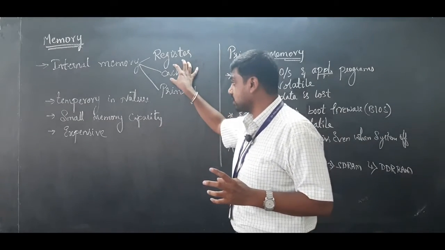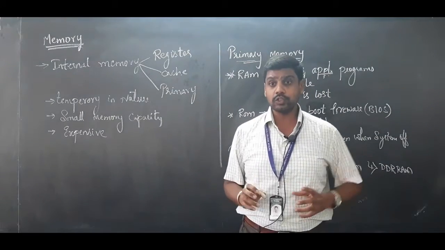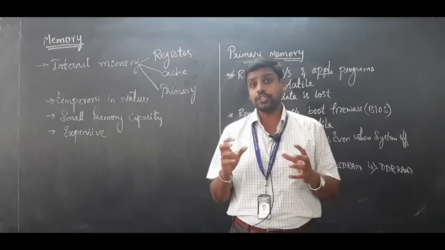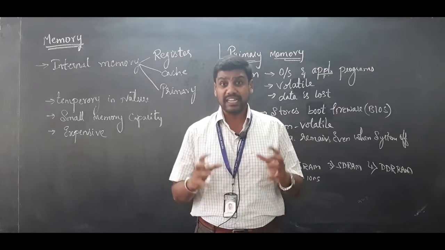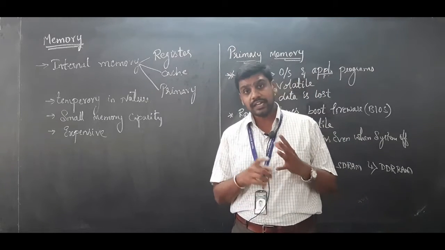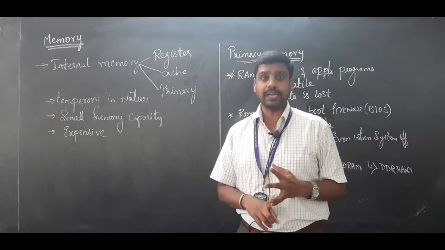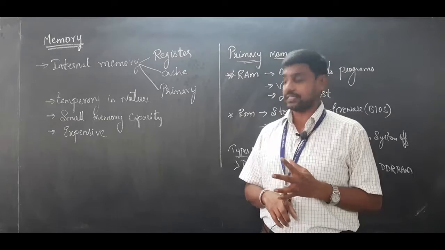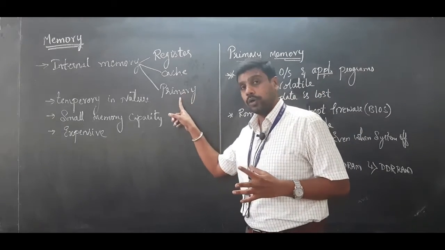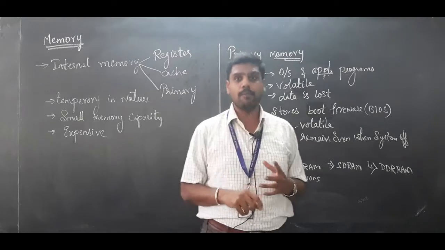After studying this cache memory, let us go for primary memory. The primary memory is also called the main memory, which stores the set of instructions related to our system, whether it be the operating system or any application program related to my system. That's why this primary memory is also called the main memory.